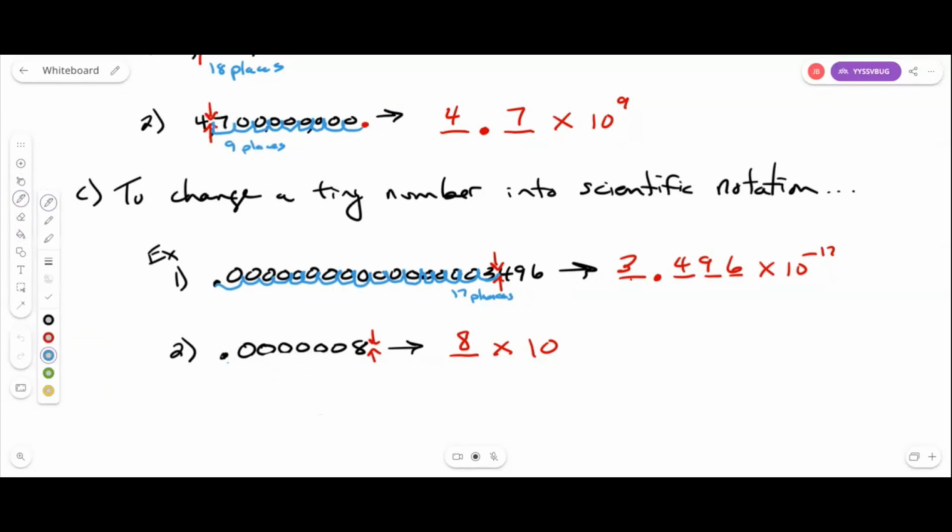So when you see me do it, you're going to see me go 1, 2, 3, 4, 5, 6, 7, 7 places. So this becomes 8 times 10 to the -7th power. Negative exponents mean the number is tiny. Positive exponents mean the number is big.